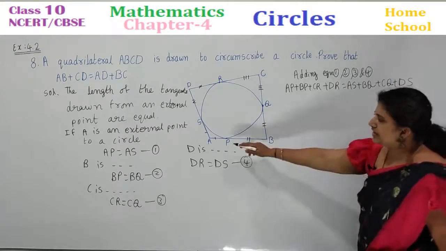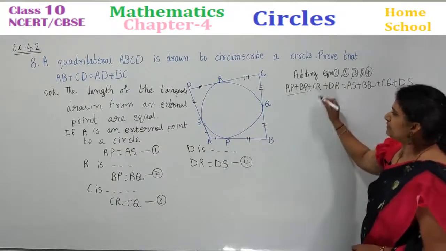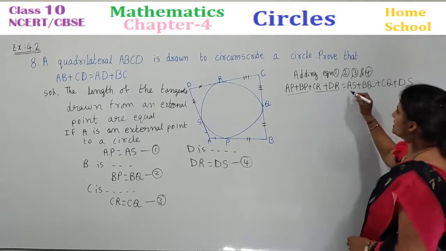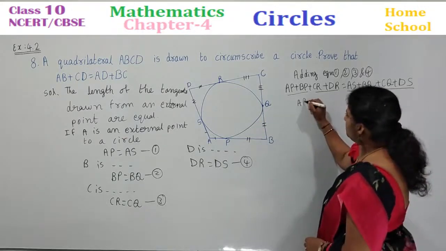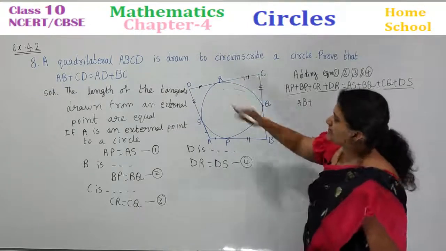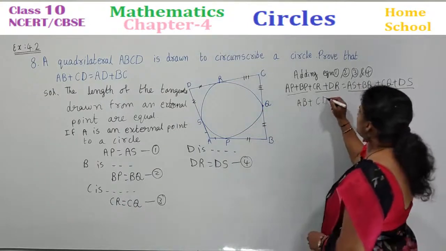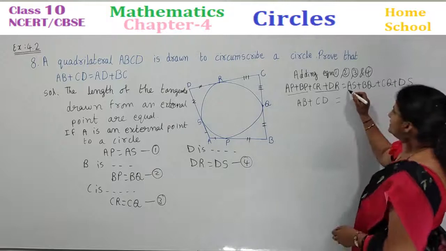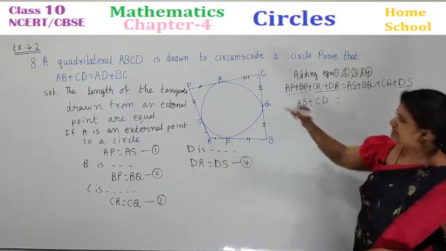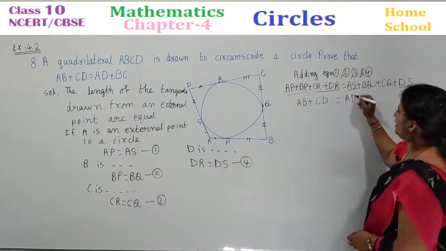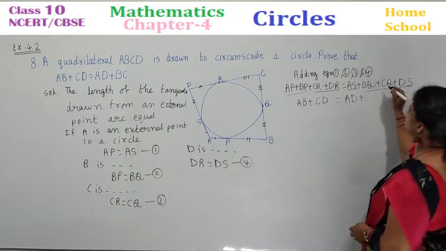Now look here, children. What is AP plus BP and CR plus DR? AP plus BP is AB. CR plus DR is CD. This side is a little different, children. AS plus DS will be AD, and BQ plus CQ.